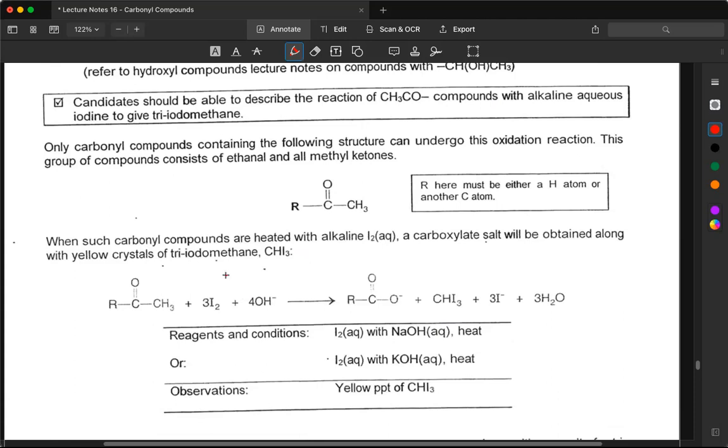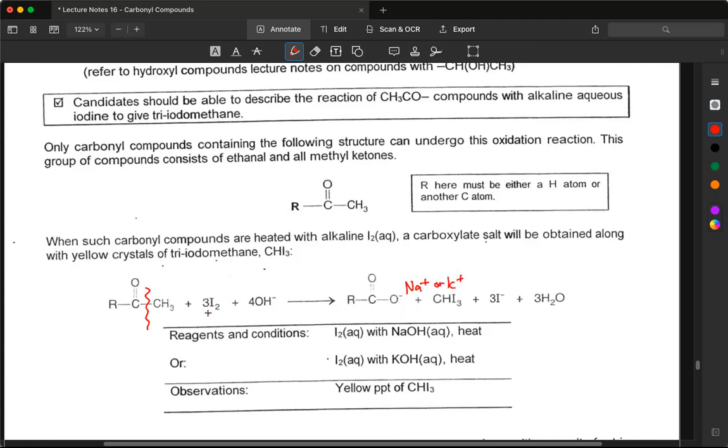So when such carbonyl compounds are heated with alkaline I2, a carboxylic salt will be obtained along with yellow crystals of triiodomethane, CHI3. So this one reacts with iodine, OH minus, then this one comes out to form CHI3, then this one is attached with O minus, alkaline, so Na plus or K plus.